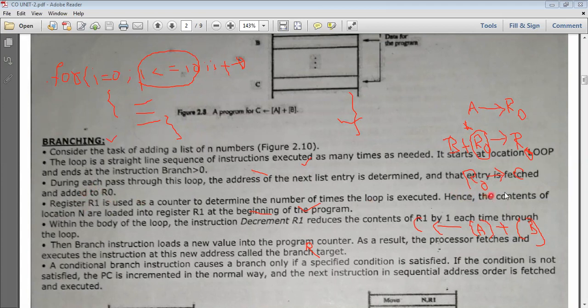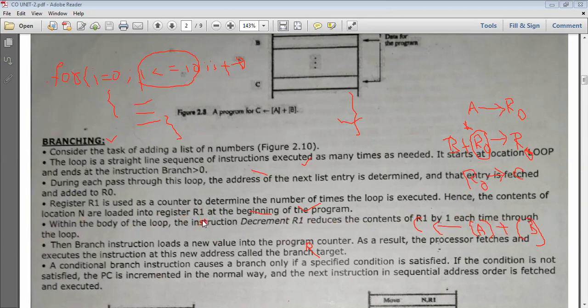Hence the contents of location n are loaded into register R1 at the beginning of the program. Within the body of the loop, the instruction decrement R1 reduces the contents of R1 by 1 each time through the loop. That means whenever one loop execution is completed, the counter is decremented by 1.